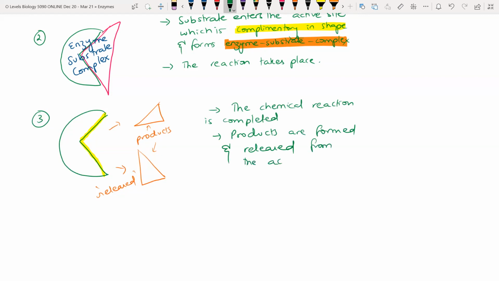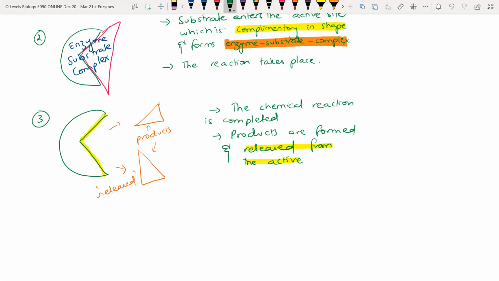This is a very important point. Again, khali bache likh dete hain, products are formed, but they don't write this, that they are released from the active site. So again, that's important because it's very important for the products to be formed to get released from the active site. Why is that the case?